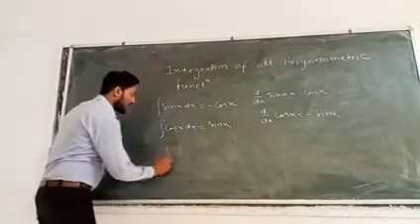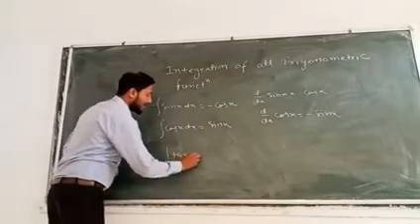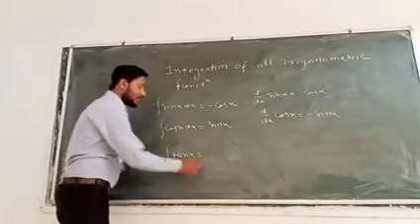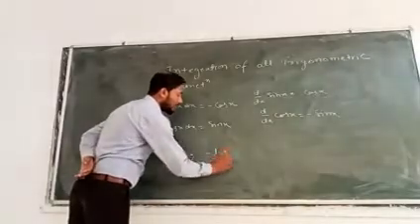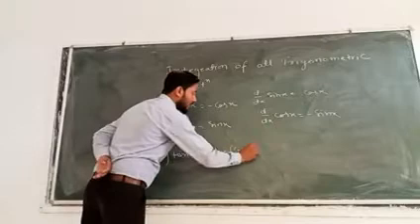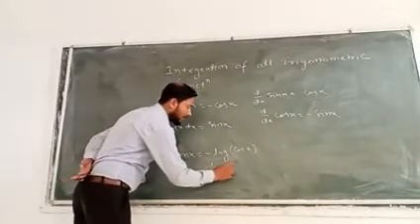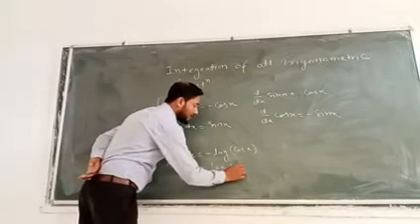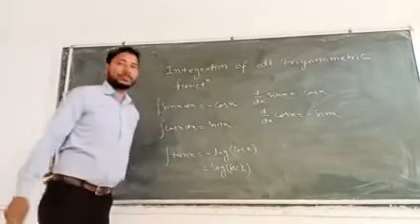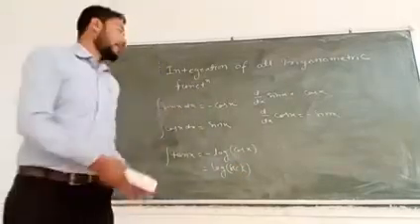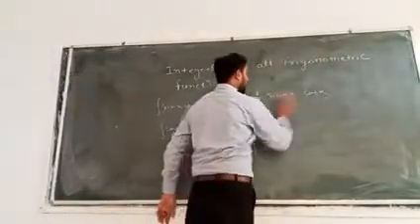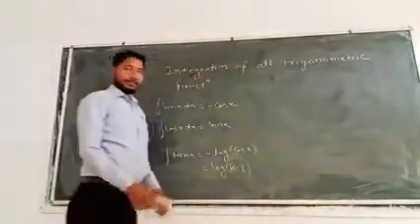Next one is integration of tan x. Integration of tan x is equal to minus log of cos x, and also we can write log of sec x. How? I will explain that.